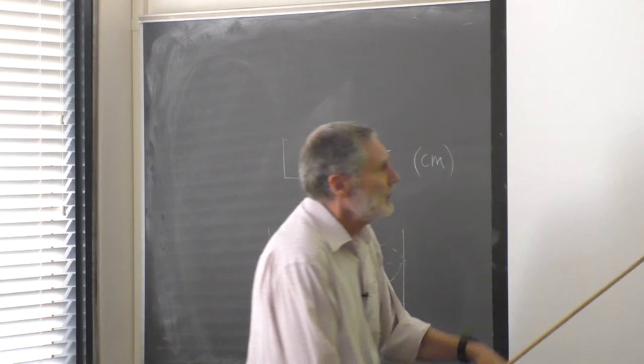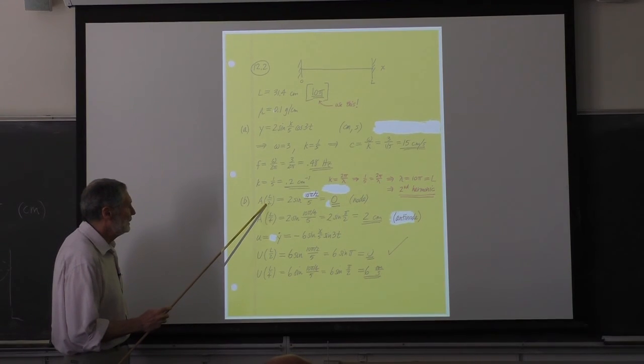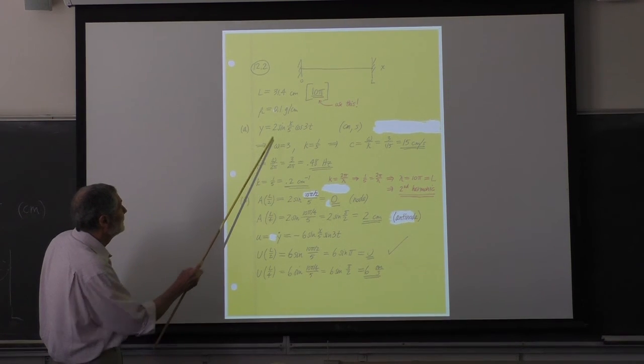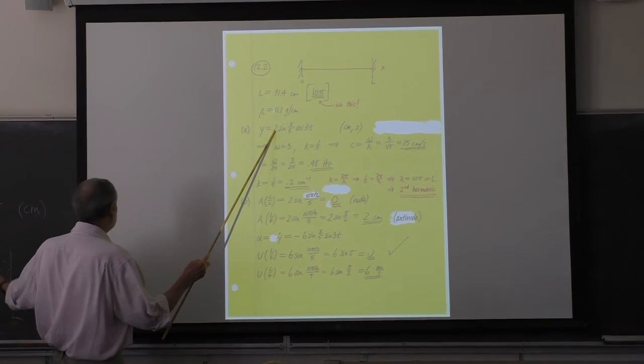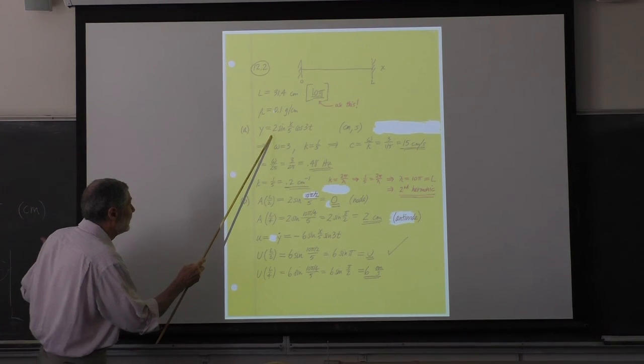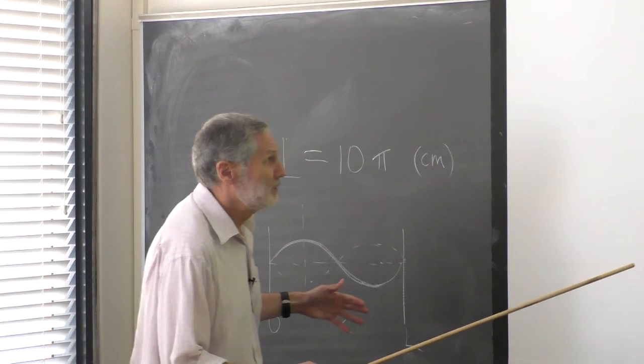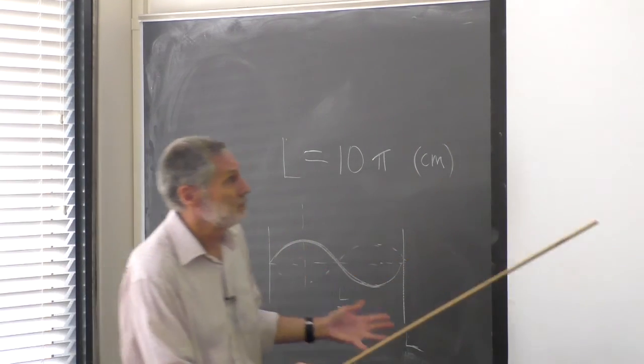So we can get the amplitude. It's simply going to be this, because I've identified it as the antinode, otherwise known in a standing wave as the maximum amplitude.